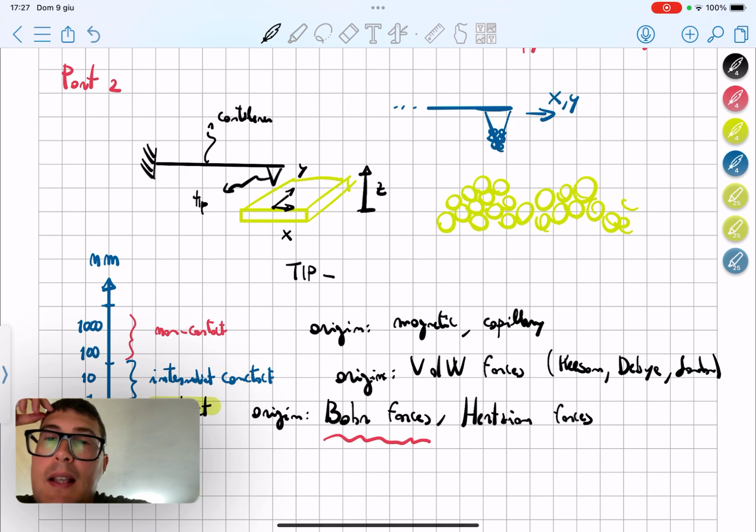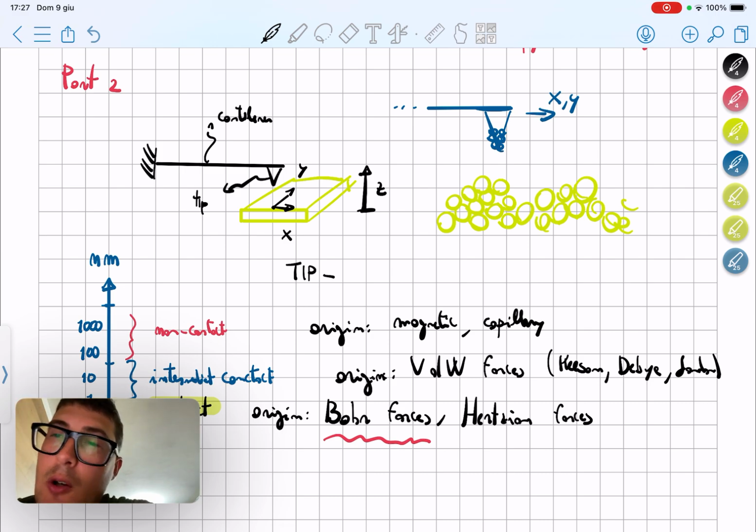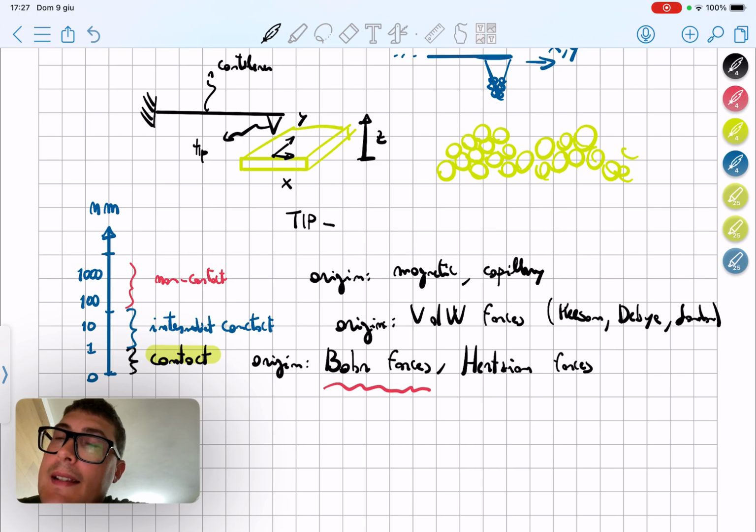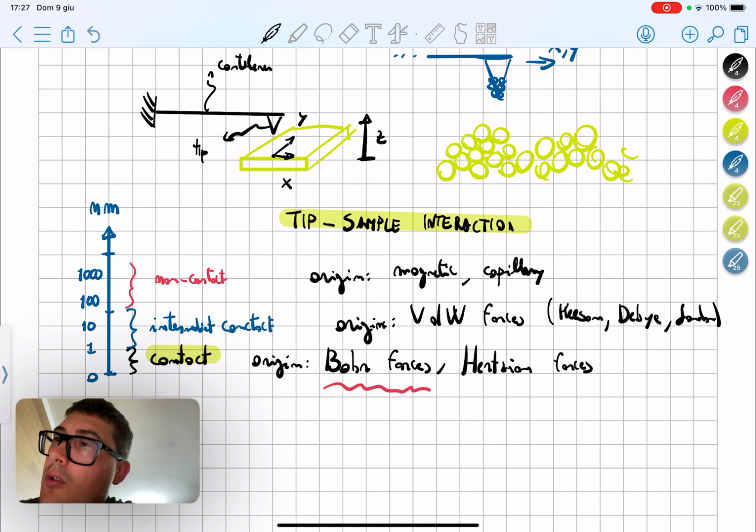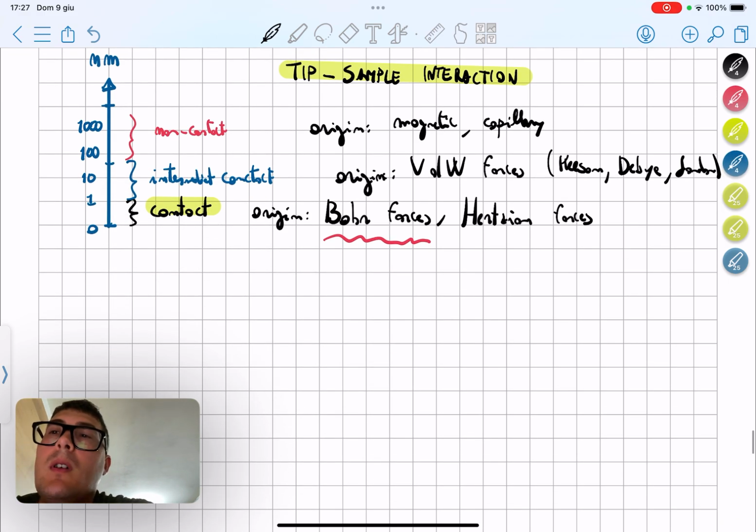And cantilever plus tip obey some equation that we described in the previous video. So the tip-sample interaction is what we are speaking about now.